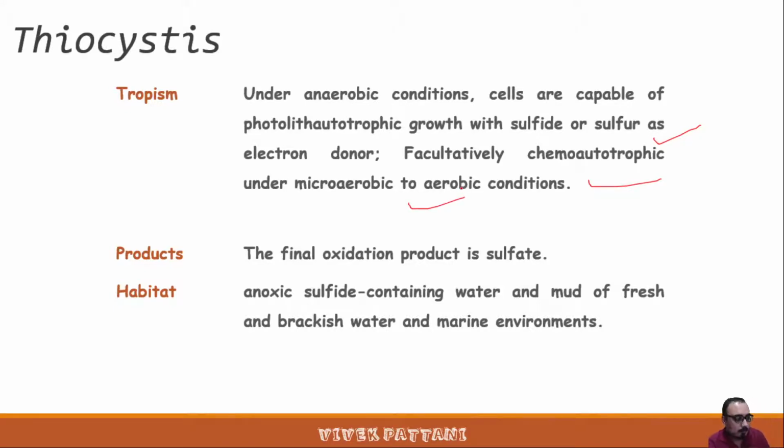The final oxidation product again will be sulfate, and the habitat is anoxic, meaning with little or no oxygen, sulfide-containing water and mud of fresh and brackish water and marine environments.